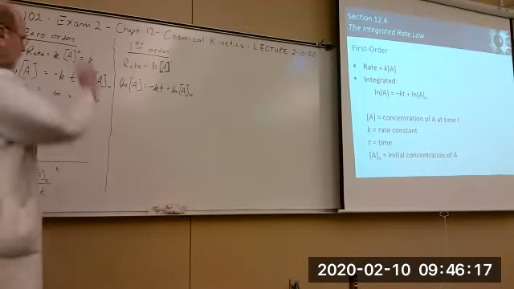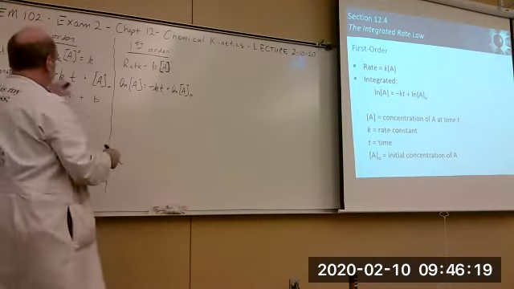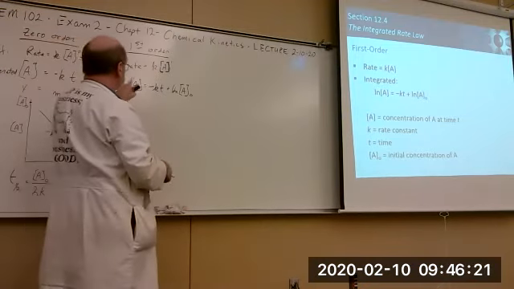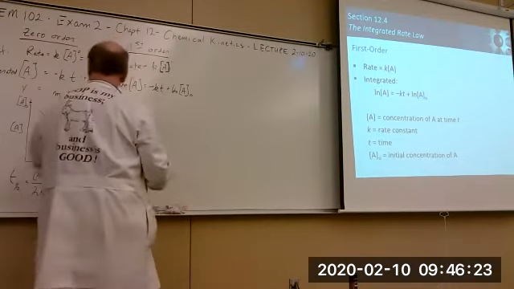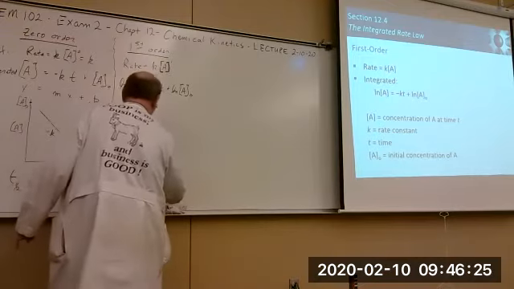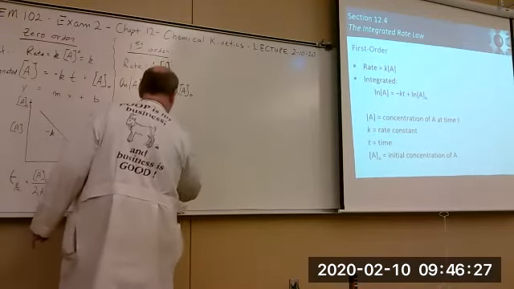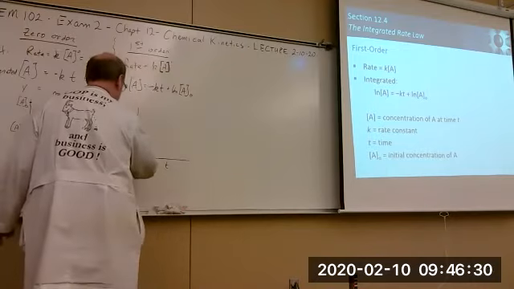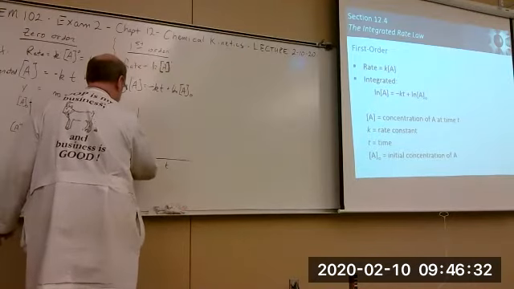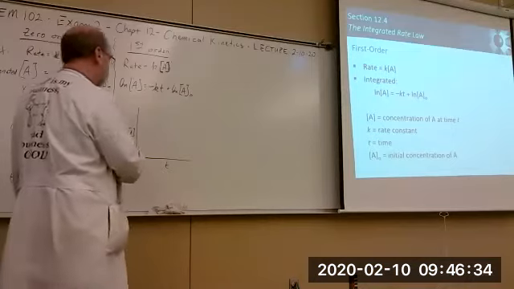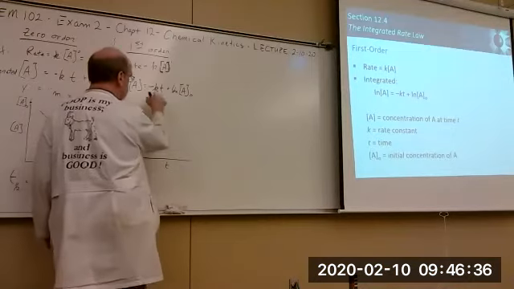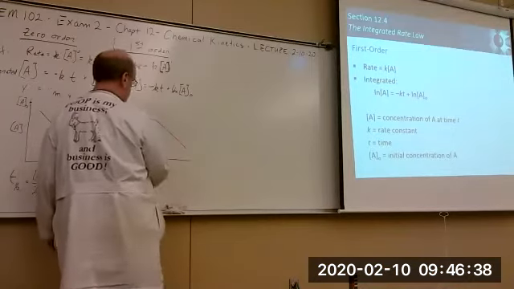So what does this mean? This means that in order to get a straight line from a first order equation, you have to plot time and the natural log of A. If you do that, then you get a negative slope.